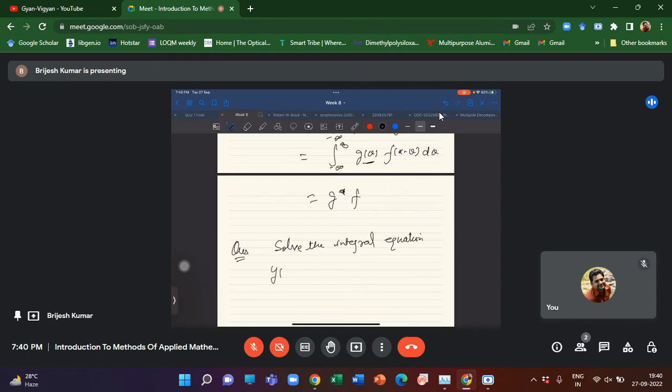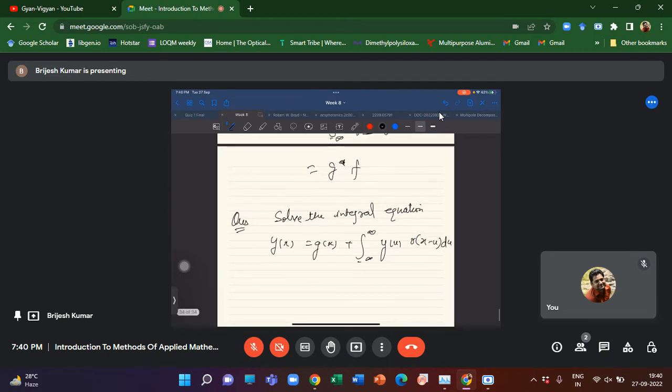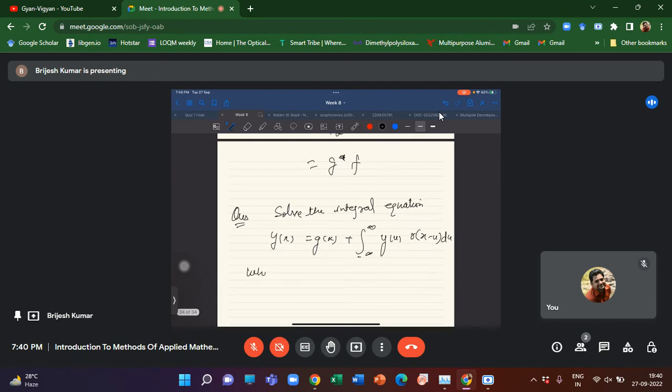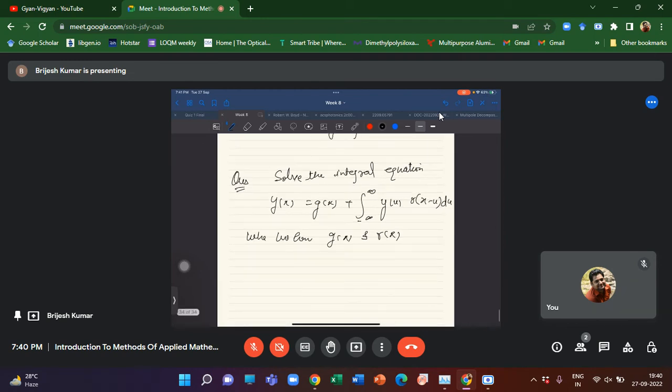The integral equation is given by y(x) is equal to g(x) plus the integral from minus infinity to infinity of y(u) r(x minus u) du, where g(x) and r(x) are given functions.